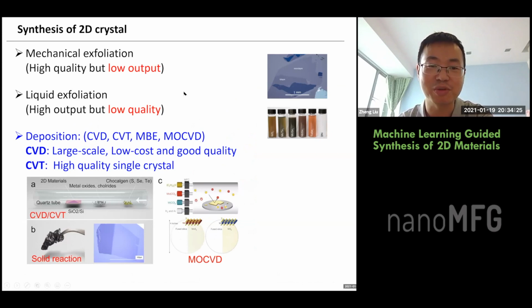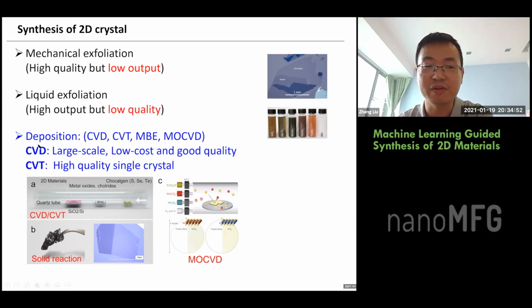So now there are three main methods, right? Mechanical exfoliation can produce really high quality, but the output is pretty low. Liquid exfoliation is pretty good for battery and catalytic applications, but the quality is still not that high. So a lot of people are using deposition methods, such as the CVD method, CVT method, and MOCVD.